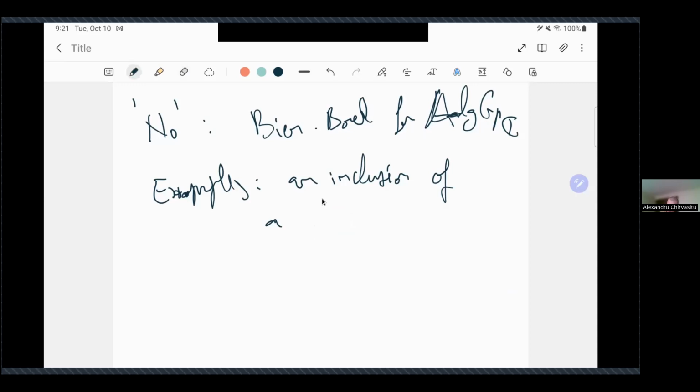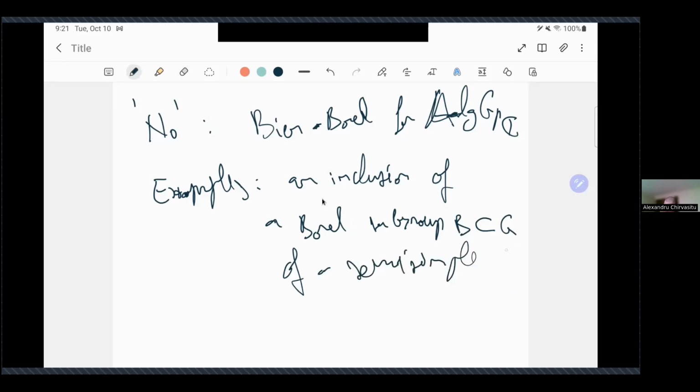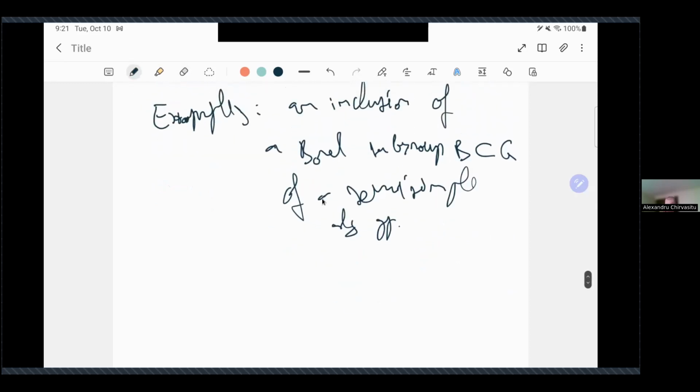I don't know if Bien-Borel were calling them Borel subgroups, but we call them Borel subgroups, of a semi-simple algebraic group, for example. So this is a whole family of inclusions that are epimorphic. Inclusions, not surjections, right? A more concrete example, a sub-example.